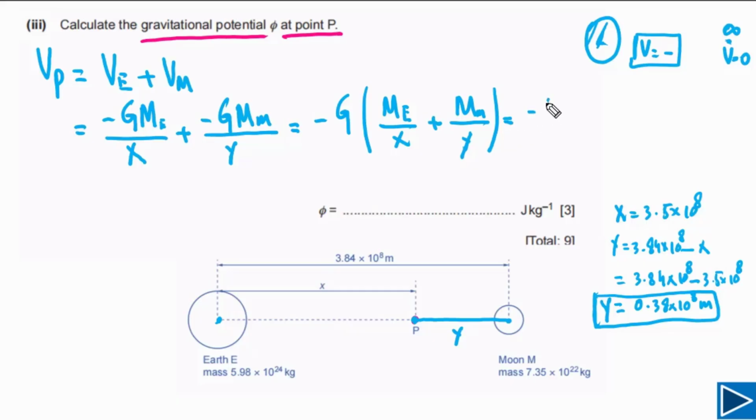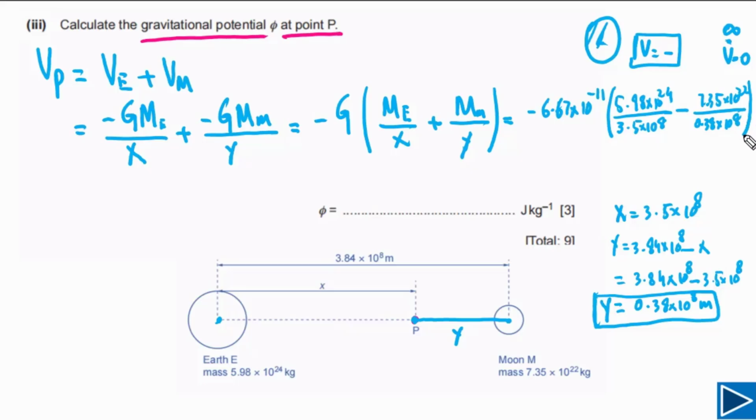So the value of g is 6.67 times 10 to negative 11 times the mass of Earth, that is 5.98 times 10 to 24, divided by x, and x is equal to 3.5 times 10 to 8, minus the mass of the moon, which is 7.35 times 10 to 22, divided by the value of y, and the value of y is 0.38 times 10 to 8.